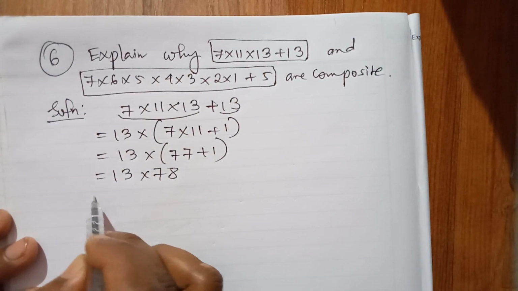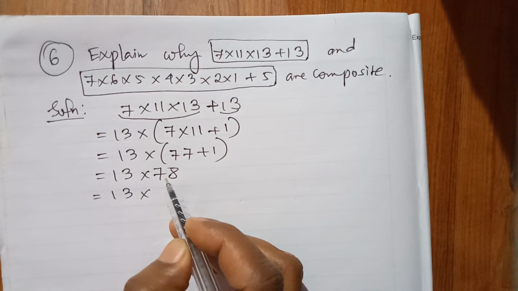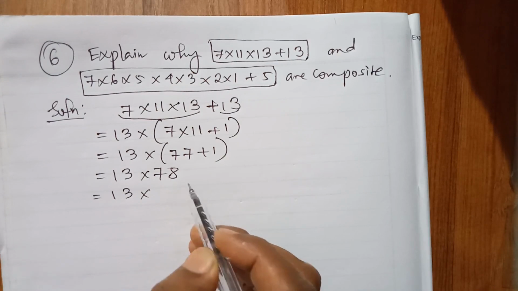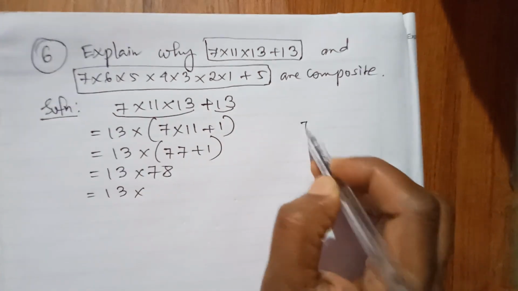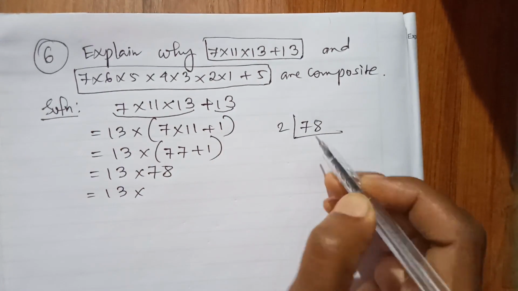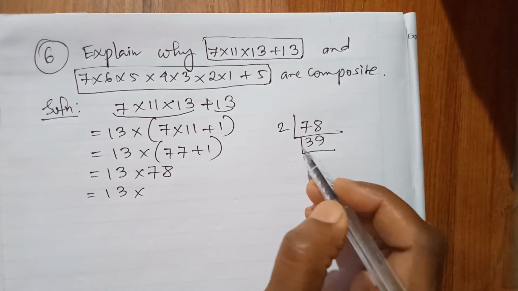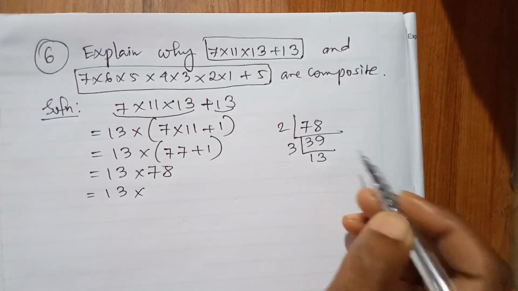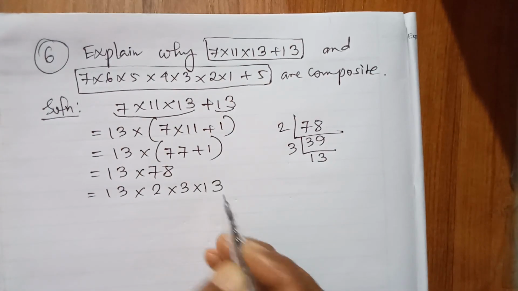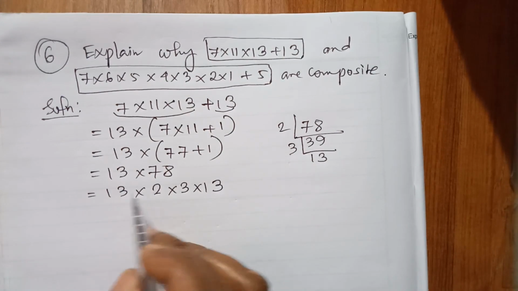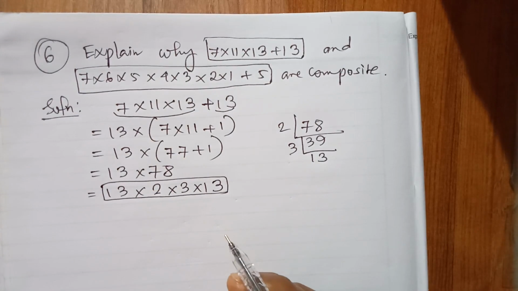equals 13 into 78. Now you can find the prime factors of 78. The prime factorization of 78 will be 2 into 3 into 13. So finally we have got this prime factorization.